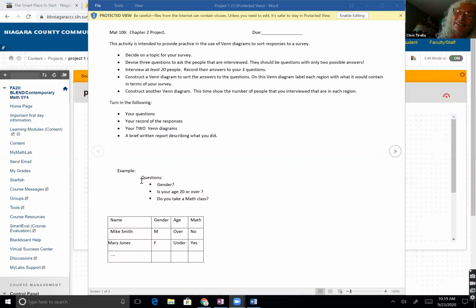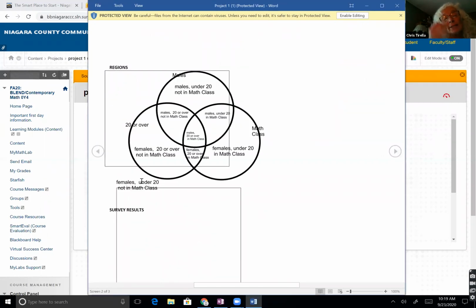Then when I say draw 2 Venn diagrams, I have to apologize, I did not realize that this uploaded this ugly. I should have saved it as a PDF instead of a Word document. But you see how in this first Venn diagram, the top loop is males, so people inside the loop are males, people outside the loop are not males.